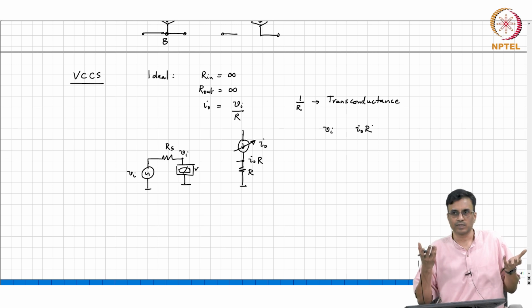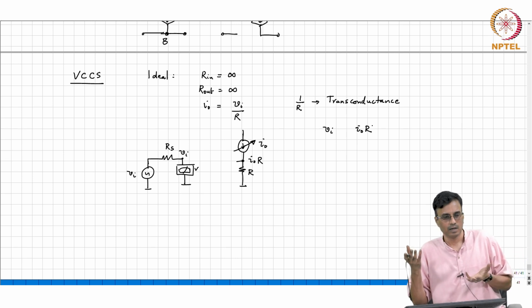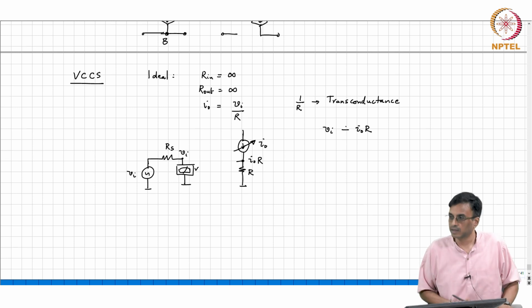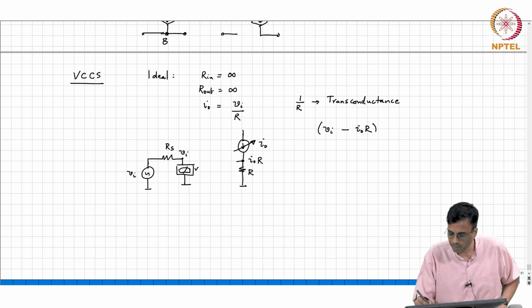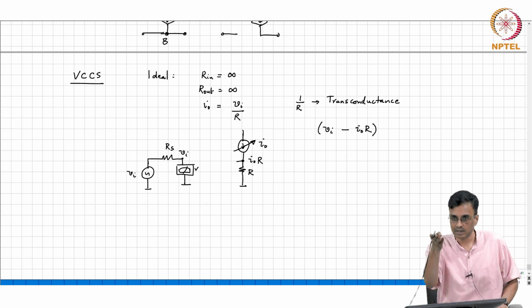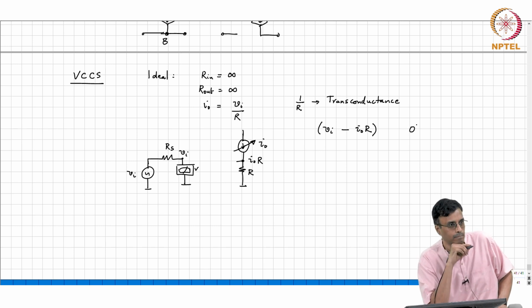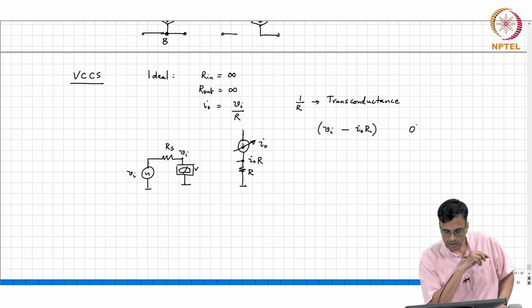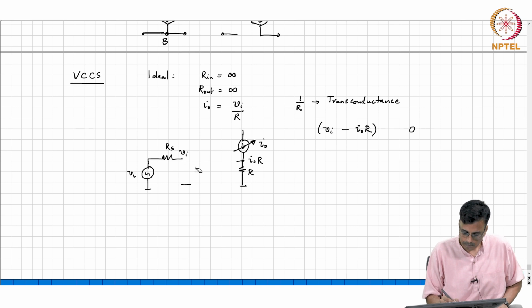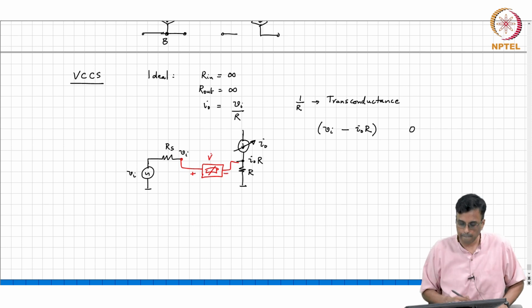Can somebody think of a smarter way of doing it? Basically, rather than compare Vi with I naught R, we will compare Vi minus I naught R with 0. Alright. So, where are we going to put the voltmeter? We are going to put the voltmeter here, plus minus.